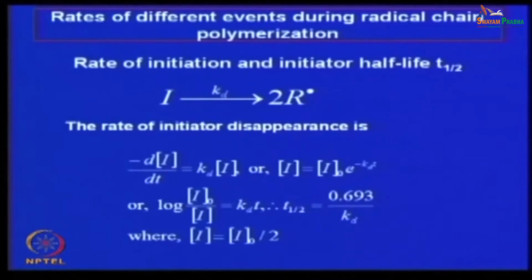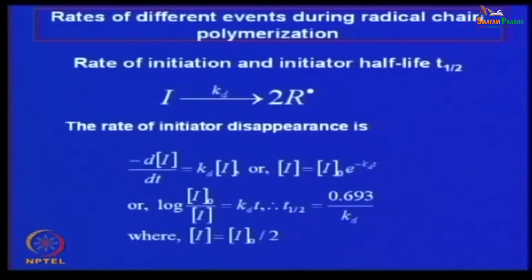After propagation, the next step is termination of the propagating free radical, which is known as the growing chain radical.